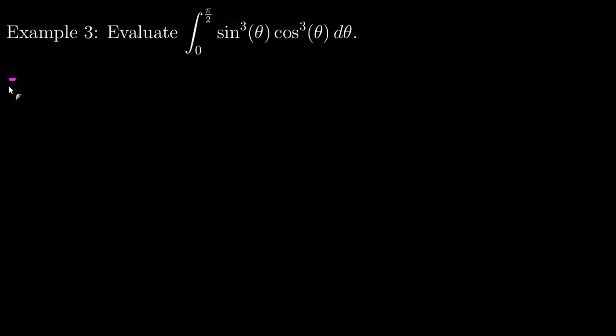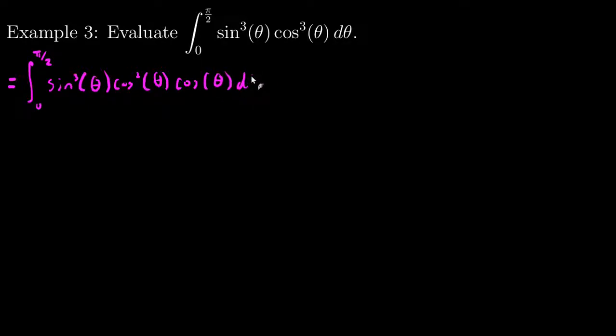And so I will rewrite this as the integral from 0 to pi over 2 of sine cubed theta times cosine squared theta times cosine theta d theta. And I will rewrite this cosine squared as 1 minus sine squared.